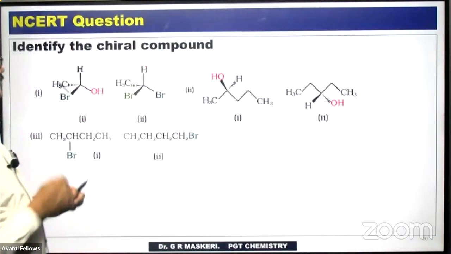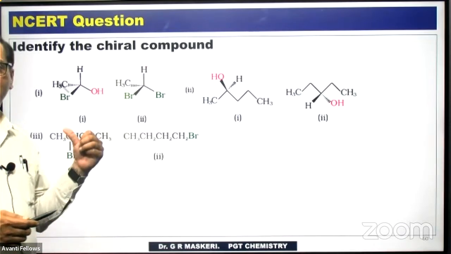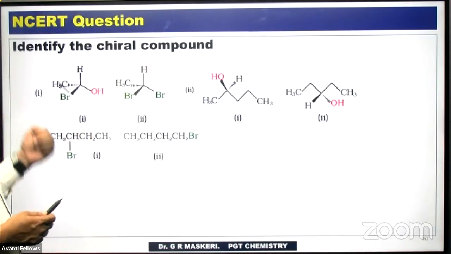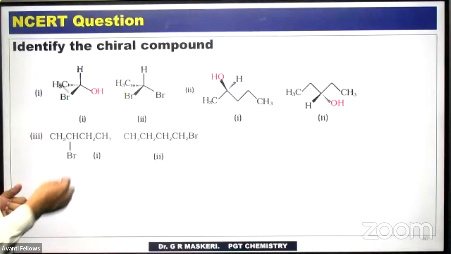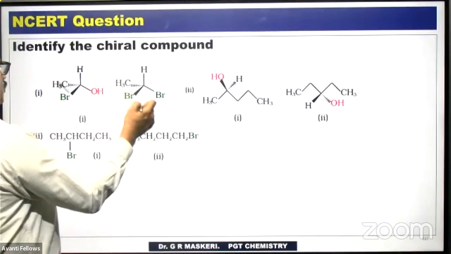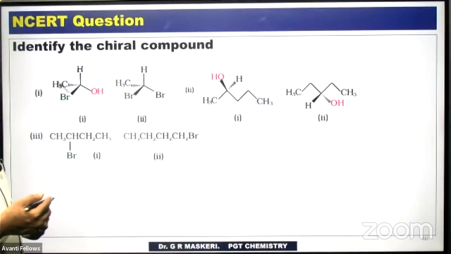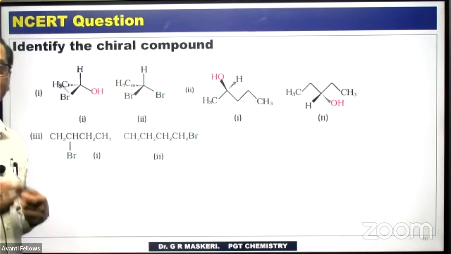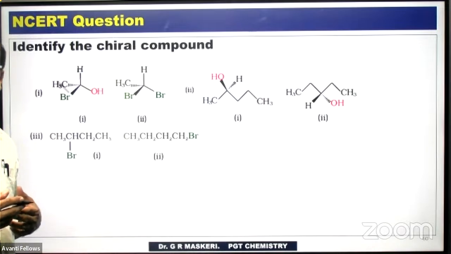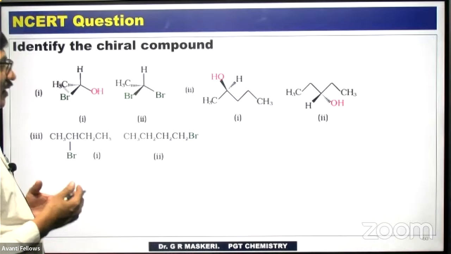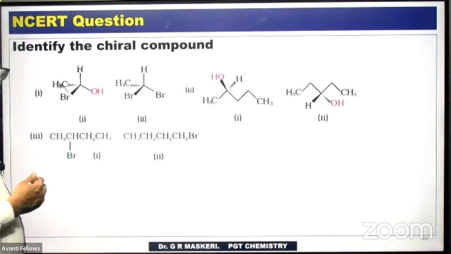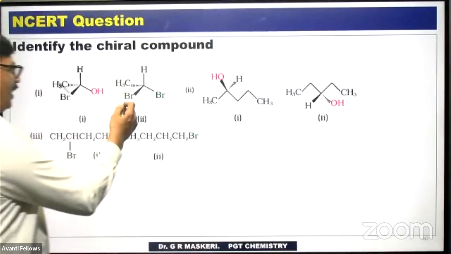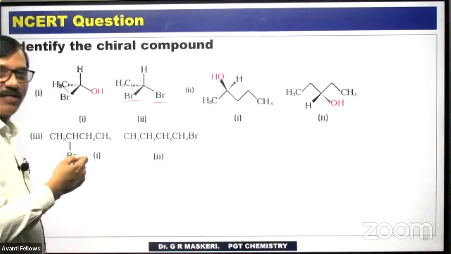Now an example. This is an example from an NCERT question, the NCERT textbook. Among these two, you have to identify which is the chiral compound. Chiral compound means the carbon is asymmetric. They have given it in green also so that you can easily identify.